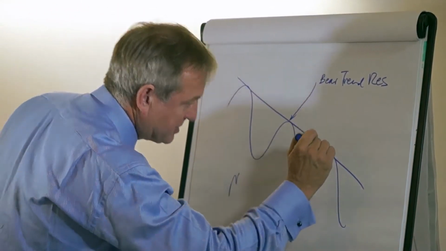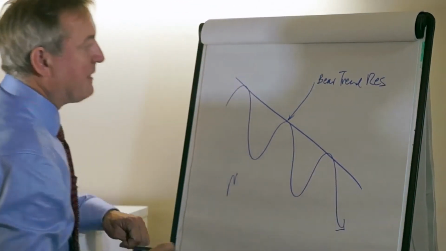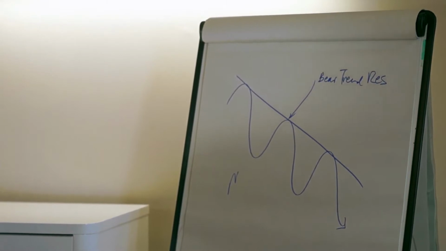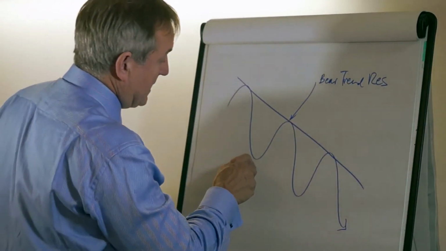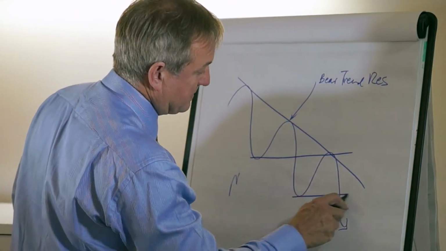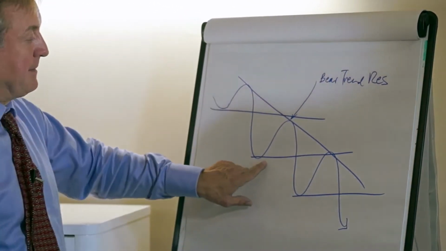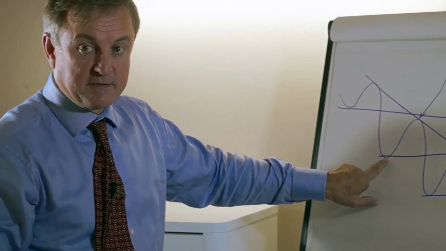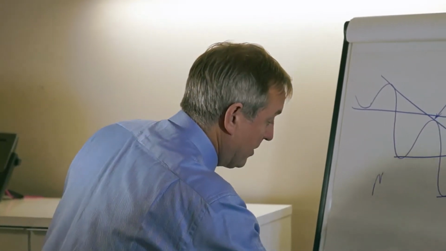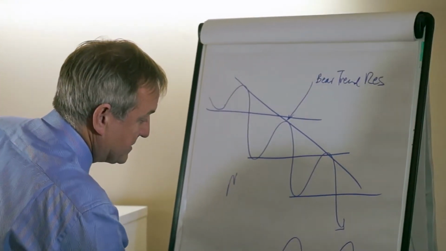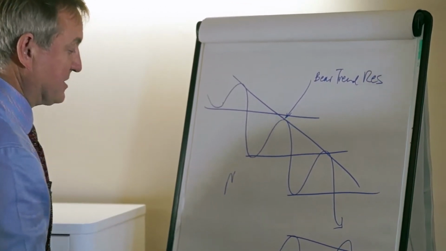Whenever it comes back up to it, it forces it down again. That is the bear trend line resistance. The other line that chartists are interested in is the horizontals. In a bear market, from the lows, successive lows, and in a bull market, they're interested in the horizontals from successive highs.